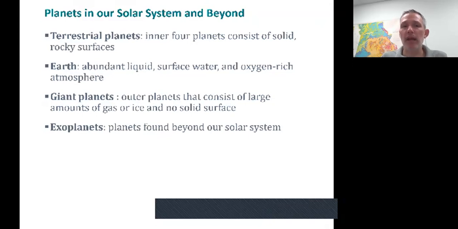And then beyond that, we have the exoplanets, these objects that are found beyond our solar system. Exoplanets are planets that are moving around a different star. We know that the Earth rotates around the sun, and there's lots of other stars out there. And so we can look at those other planets that are going around other stars.